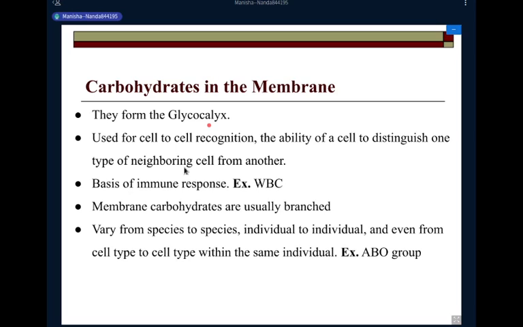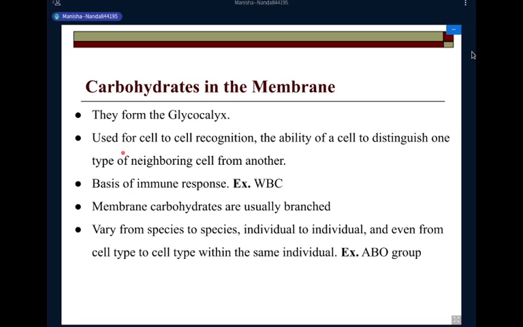And if we take a picture through an electron microscope of that surface of the membrane, it seems that a layer of carbohydrates is present just above those lipids or those proteins. It appears to be like shading the membrane. That part is called the glycocalyx. So the glycocalyx of the membrane is actually formed by its carbohydrates, which ultimately are either attached to the lipids or to the membrane proteins.